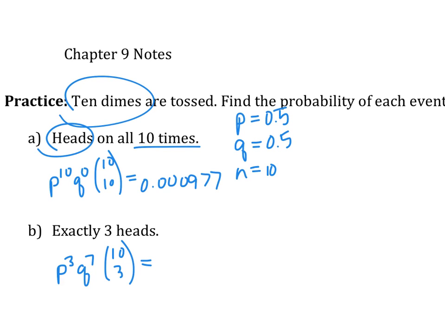So you would actually just do 0.5 to the 10th because the exponents add up to 10. Let me multiply this together. Okay, so it is 0.117. That is the answer.